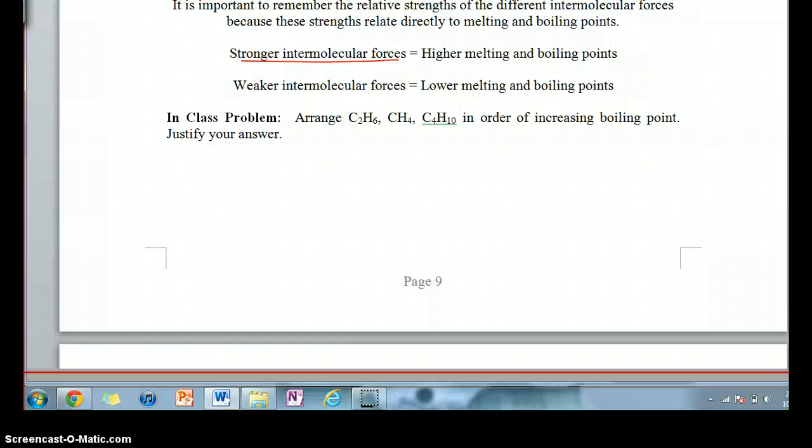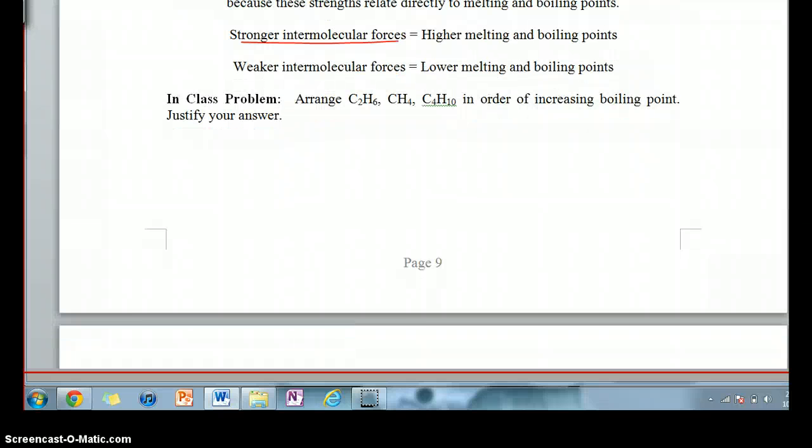Let's think about this in-class problem. We want to arrange these different carbon and hydrogen molecules in order of increasing boiling point and justify your answer. Take a moment and think about that. Methane should have the smallest boiling point, then C2H6, and then C4H10, which should be our highest boiling point.